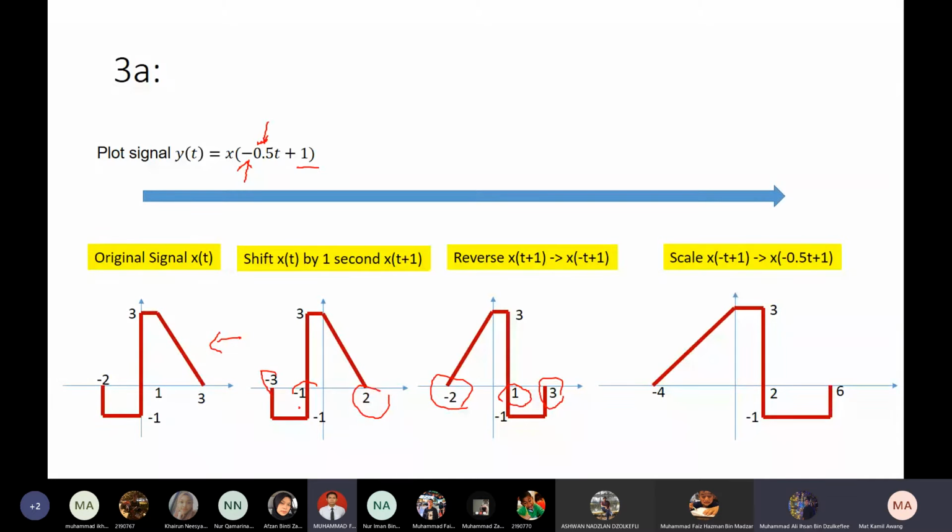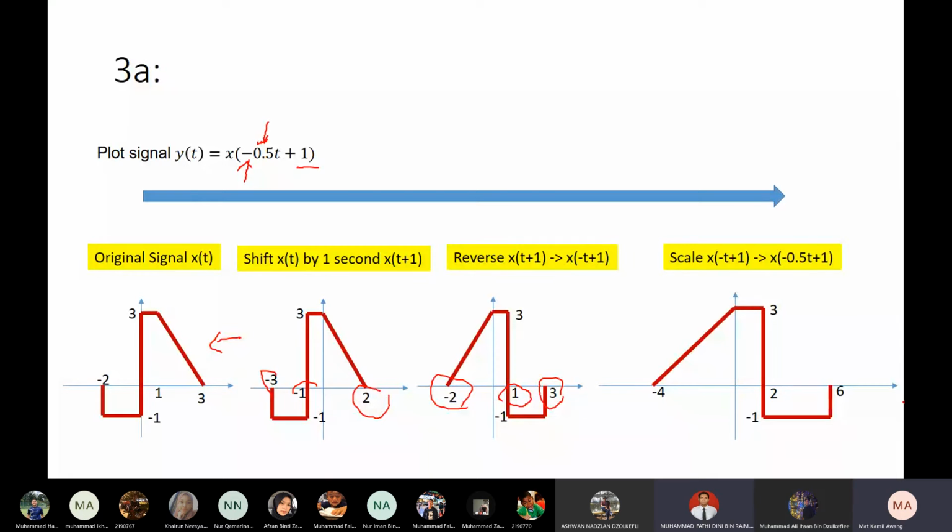After you reverse, then you have to scale by 0.5. Scaling of 0.5 basically means that you expand. What is the magnitude that you need to expand if it's 0.5?